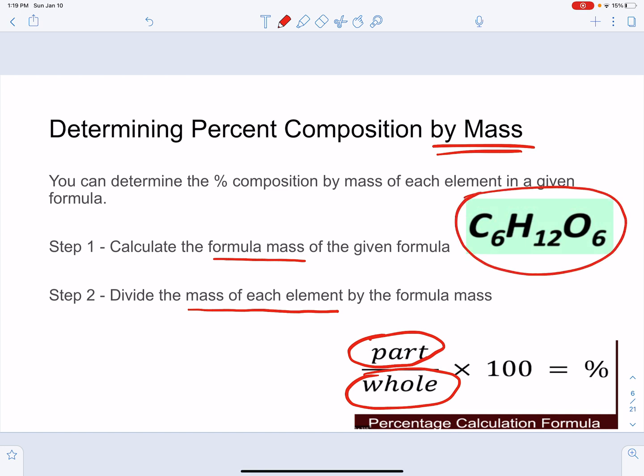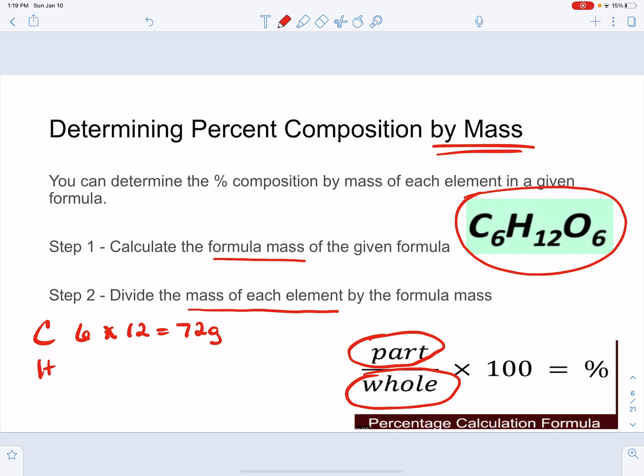Just a minute here, I have these written down so I can quickly refer to them. Okay, so for this one, if I add up my 6 carbons, and each one weighs 12, that's going to be 72 grams.